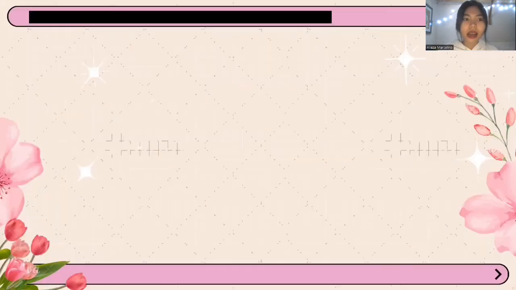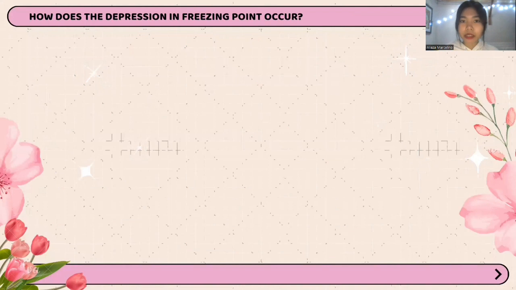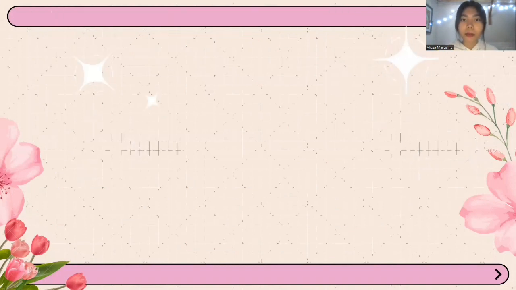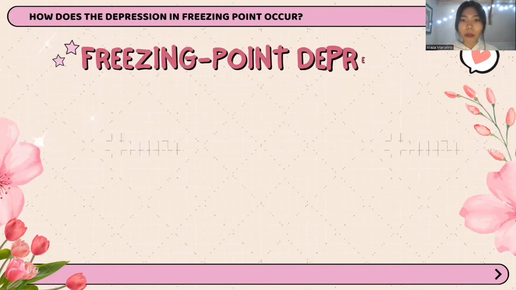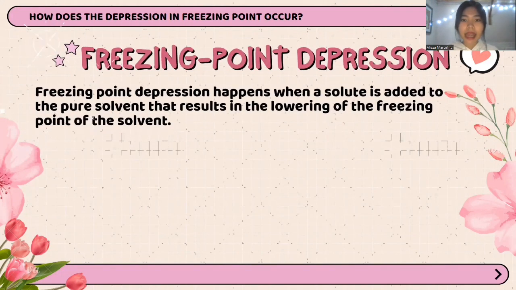So next is, how does the depression in freezing point occur? Let's find out more about freezing point depression. It happens when a solute is added to the pure solvent, which results in the lowering of the freezing point of the solvent.